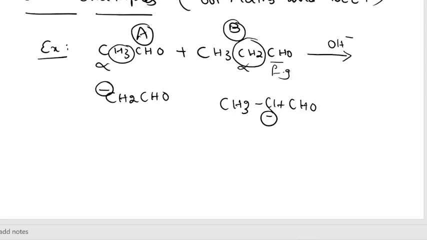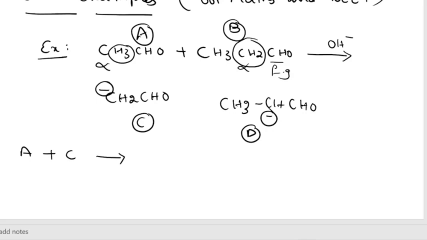What is the carbanion formed from the compound A? Let's consider it as C. And the carbanion formed from B is D here. Now, suppose another acetaldehyde molecule A readily combines with the carbanion C, you will get one type of product.